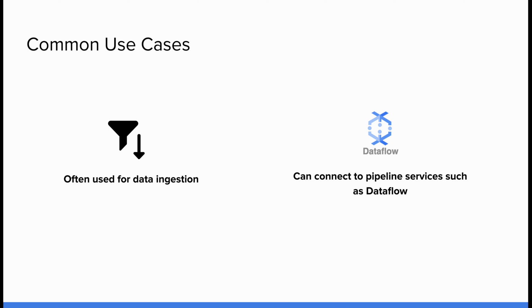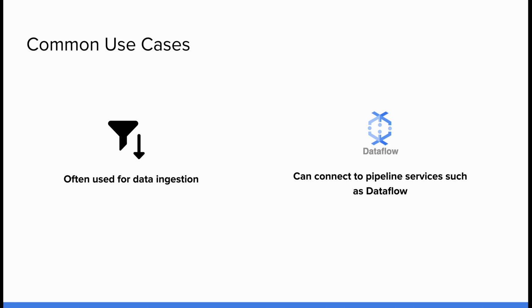PubSub is often used for data ingestion. This means that it can take in large amounts of data from multiple sources and buffer it for processing. It's useful for situations where you have streams of data coming in and you want to decouple the producers of that data from the systems processing it. PubSub can also connect to other pipeline services like Dataflow.